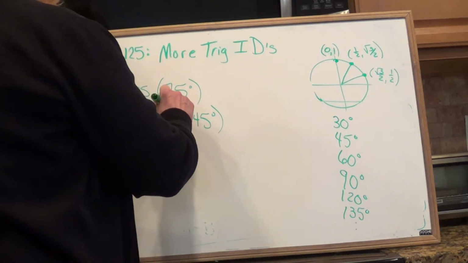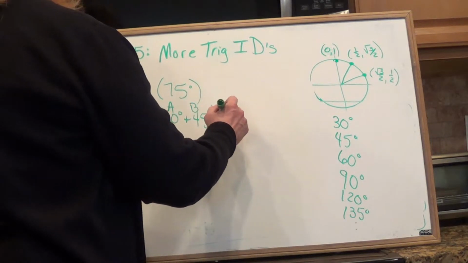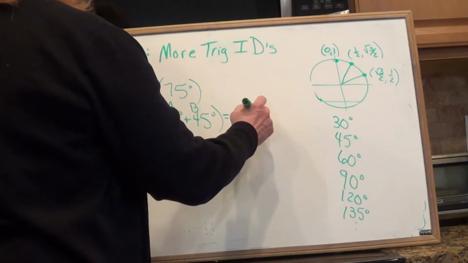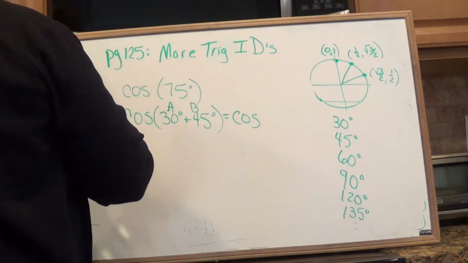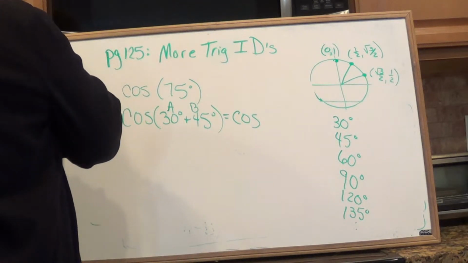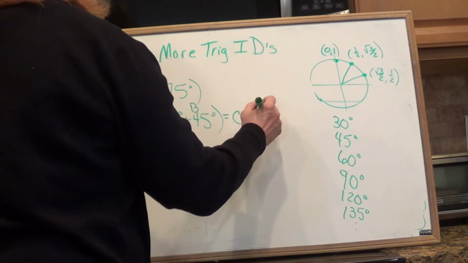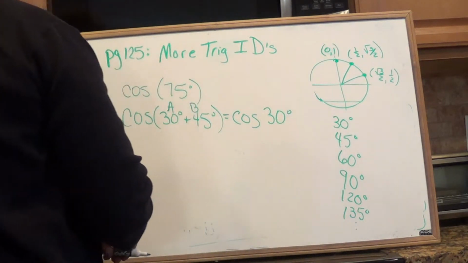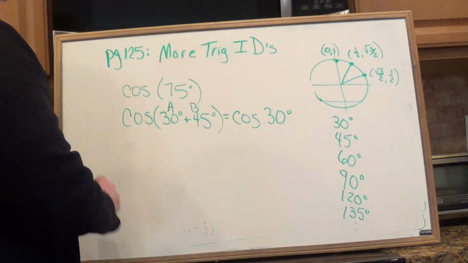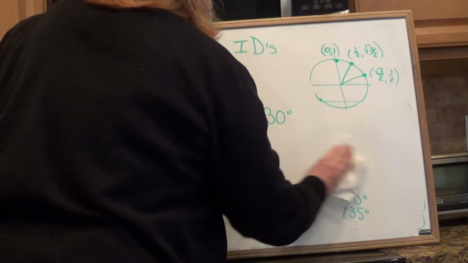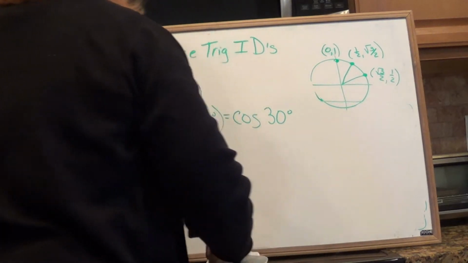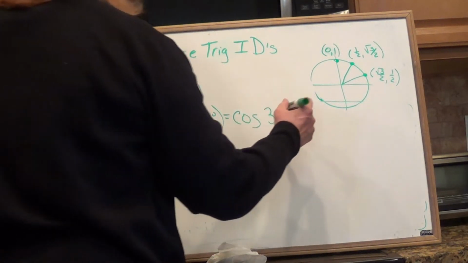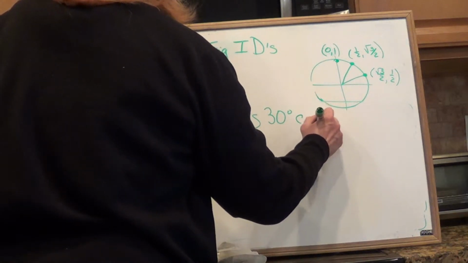So if this is my A and this was my B, we have found that cosine of A plus B is cosine A, which is in this case 30. I'm going to run out of room here, so excuse me. Numbers that I know: cosine 30 times cosine 45.